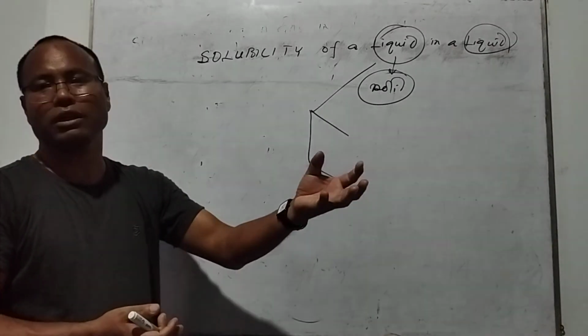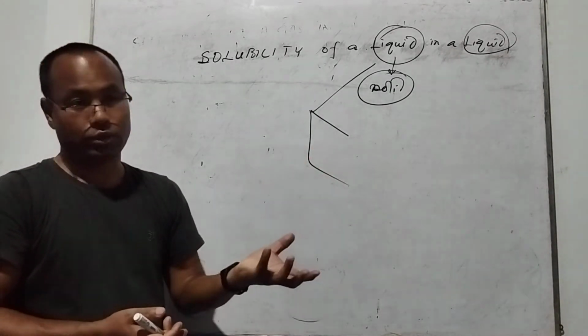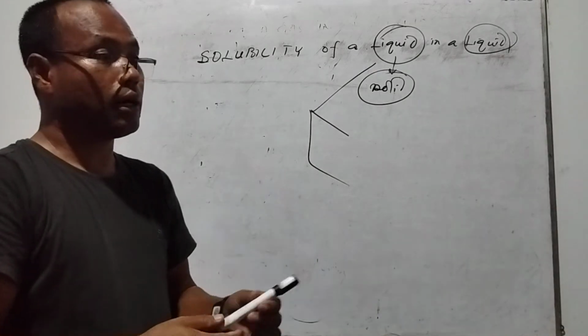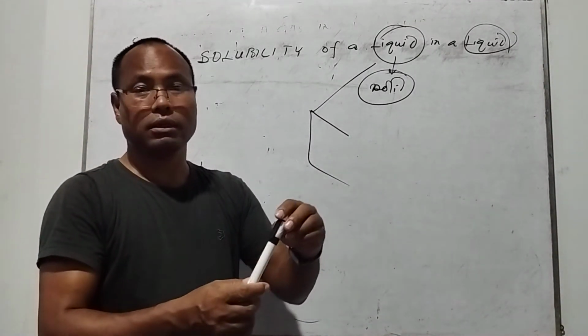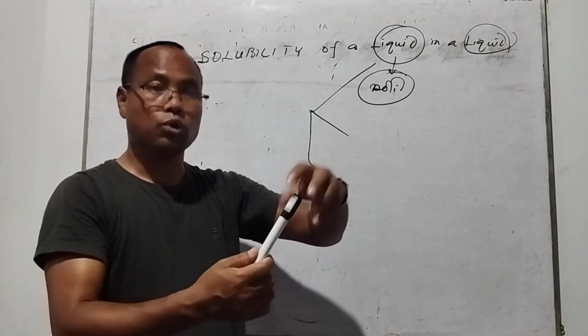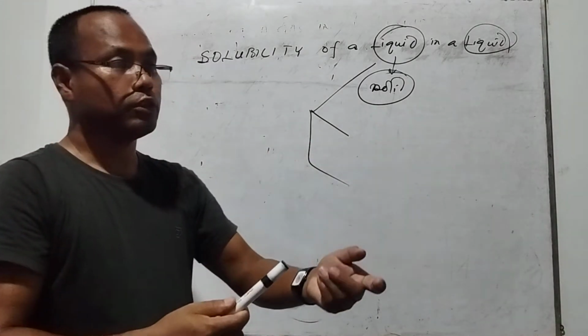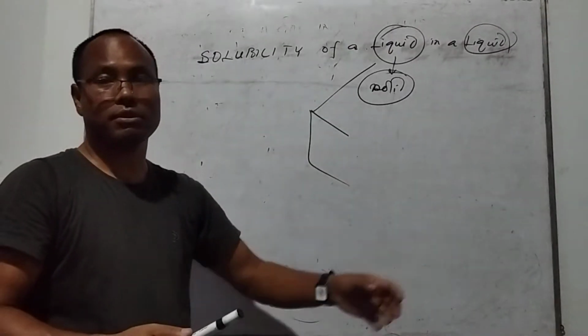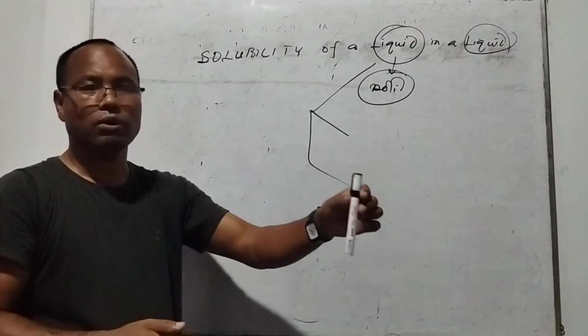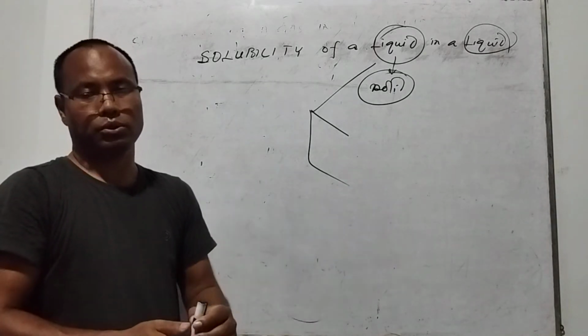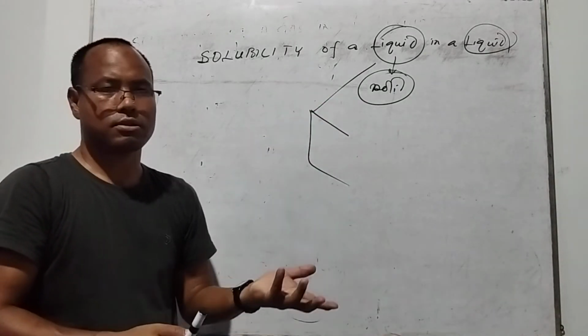In the case of liquids, take ethyl alcohol. It should be stored in a tightly closed bottle. When you open it and leave it, that ethyl alcohol will not remain as ethyl alcohol for long; it will vaporize, right?